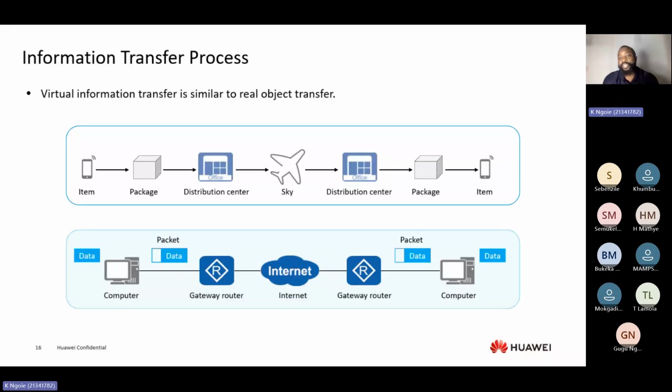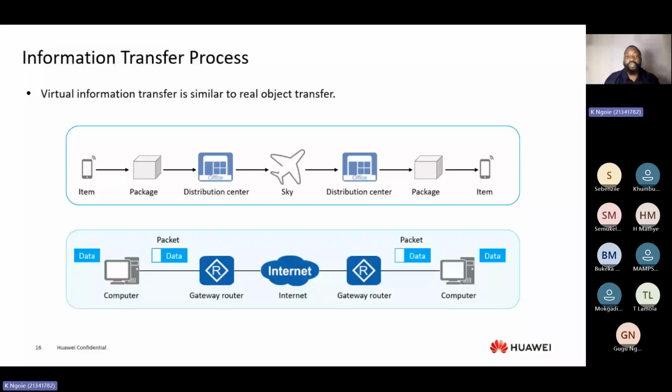And then after receiving the packet, the gateway will take that packet, and using the internet, it's going to send the packets to different routers based on the destination address. So in this case, we have an item creation, which is data generation. So that data, using the network, can be transferred.